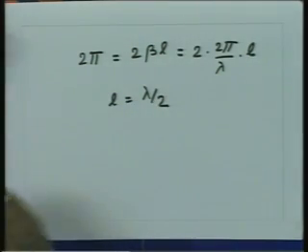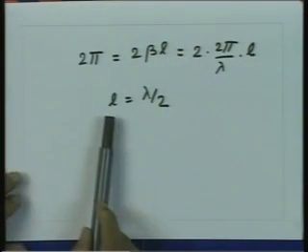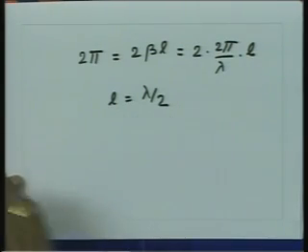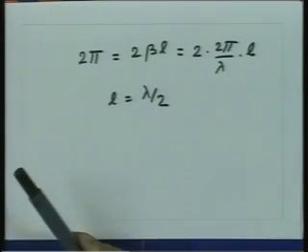That means one full rotation on the Smith chart, or the constant VSWR circle, corresponds to a distance of lambda by 2. That means if I move by a distance of lambda by 2 on the constant VSWR circle, I reach the same point.